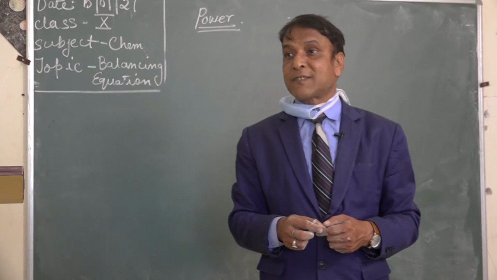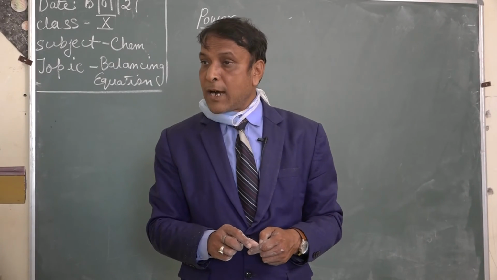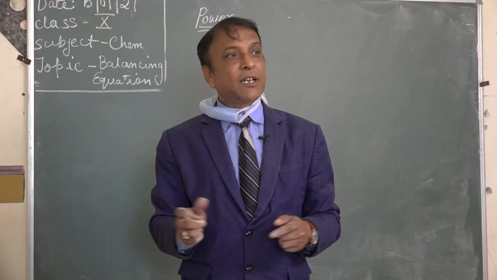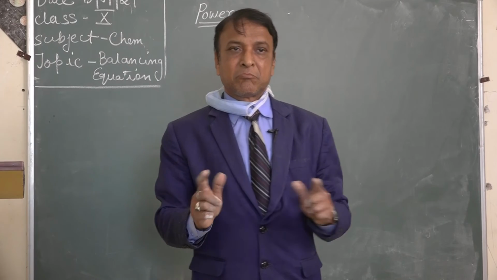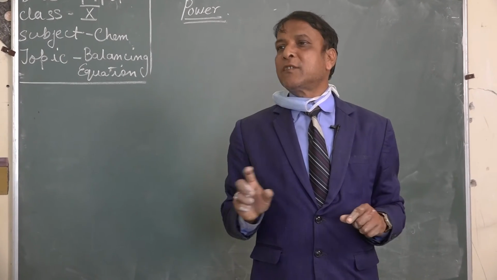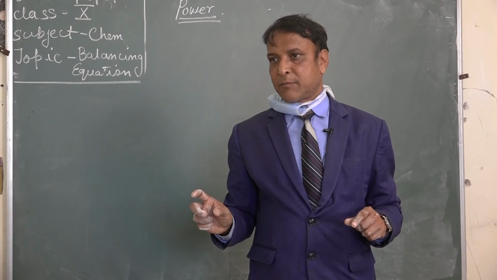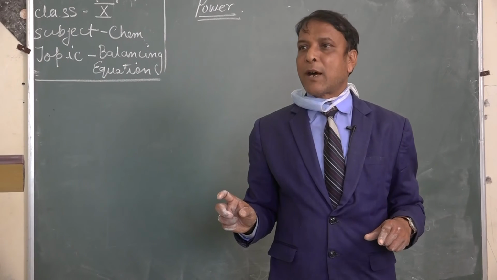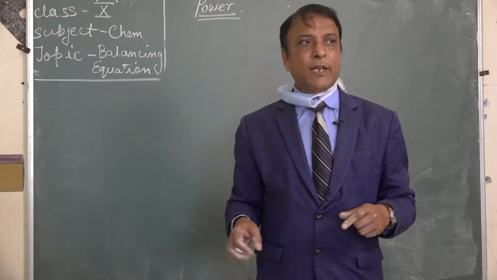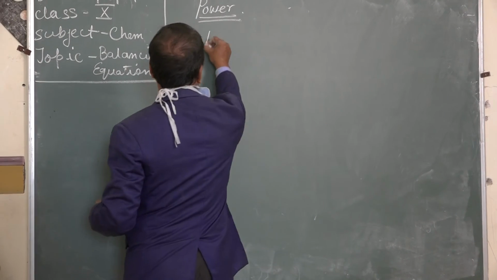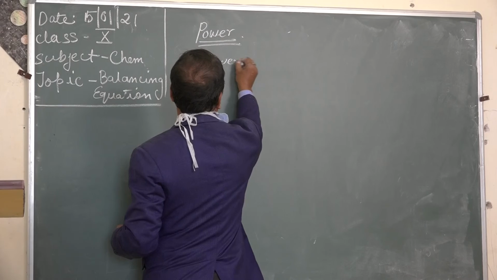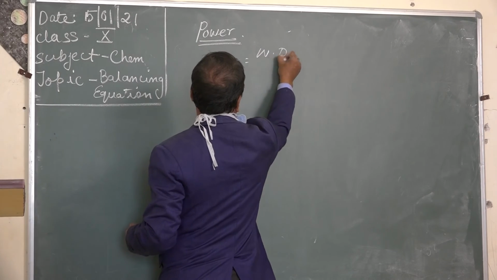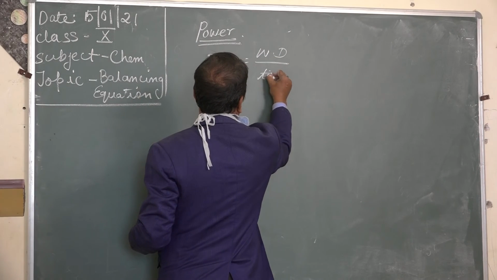means in our previous class I said work and energy are closely related with each other, which we can know from the work energy theorem. Okay, so power is equal to work done by time.